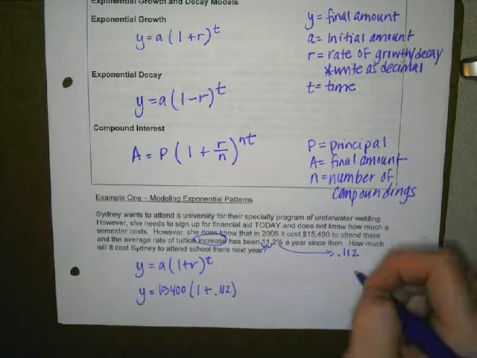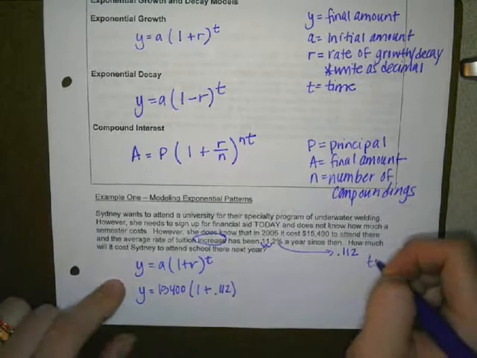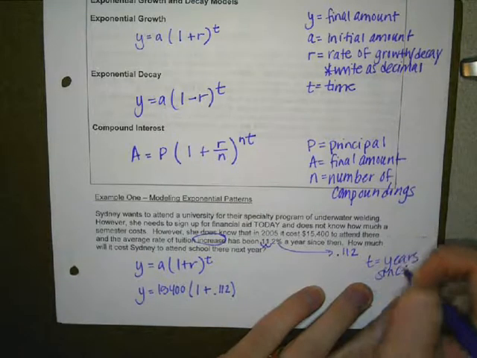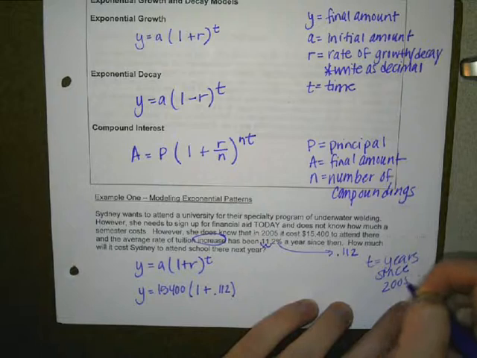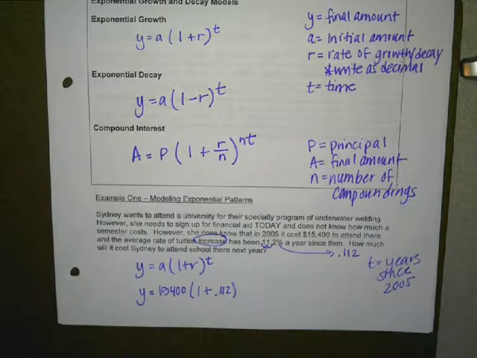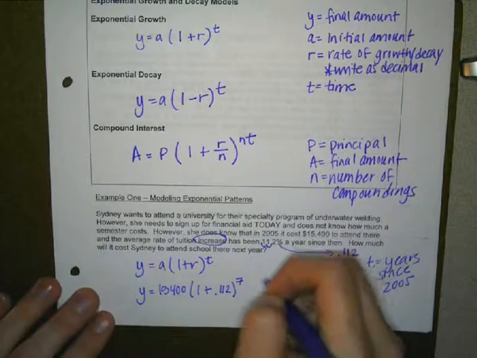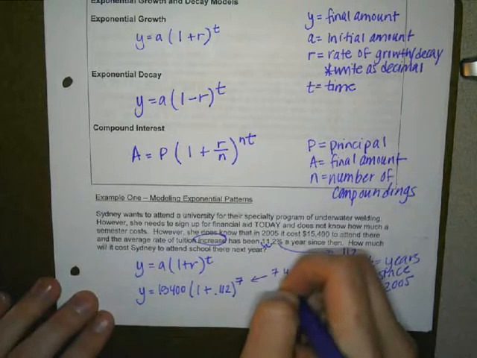Now t is going to be years since 2005. So next school year would be starting in 2012. So that's 7 years after 2005, so we're going to put a 7 there.